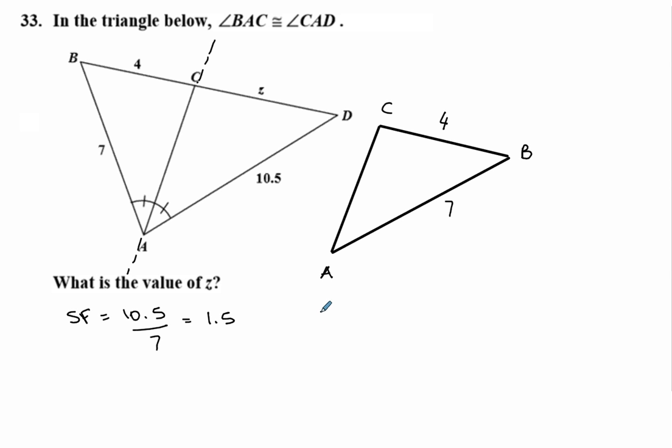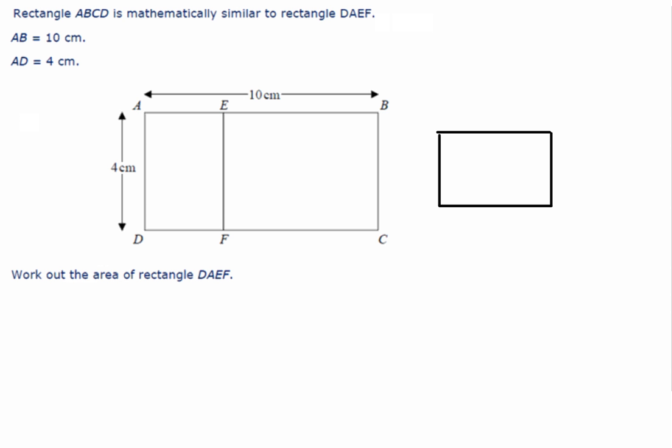So then you've just got Z equals 4 times 1.5 equals 6. Yeah? So Z equals 6. All right, cool.